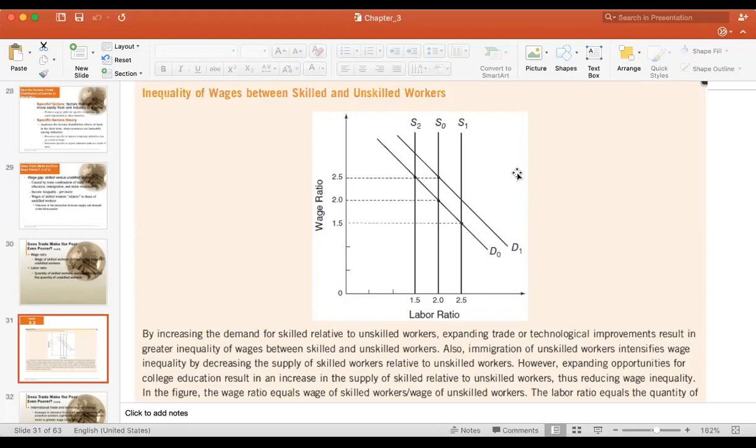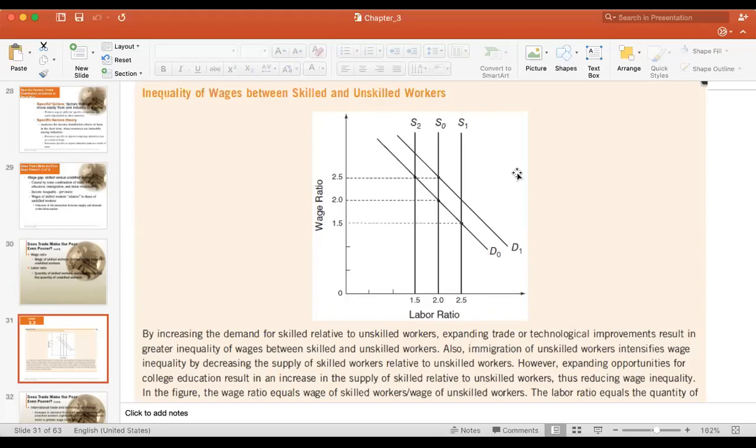It goes down. Absolutely. So what would happen to the supply of skilled labor versus unskilled labor? There would be a bigger gap. Yeah, but what would happen to the supply curve?